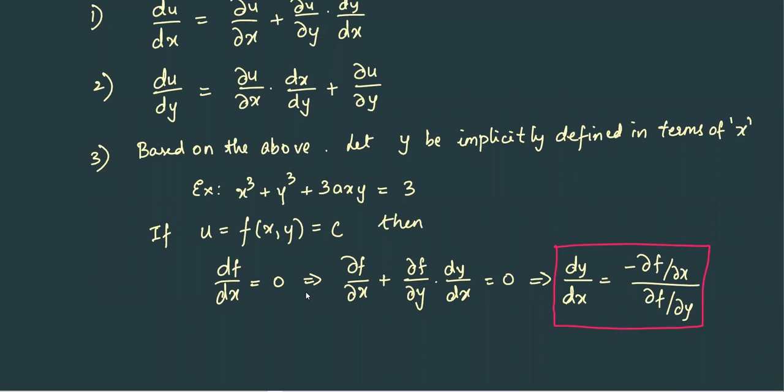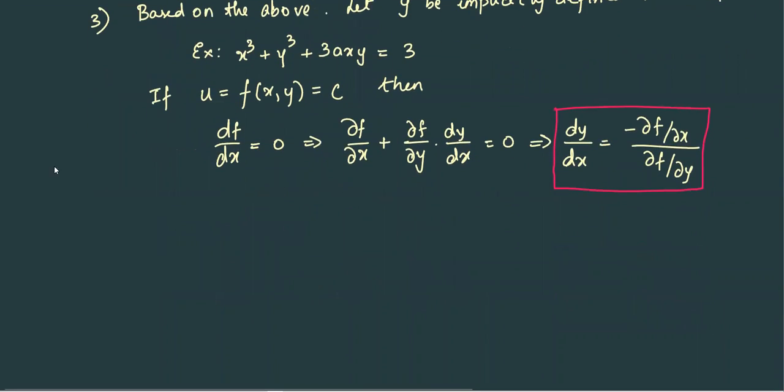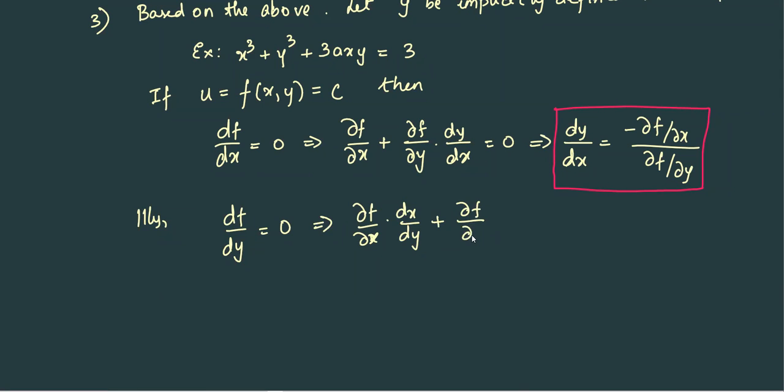Now similarly, we can do df by dy, differentiating this whole expression. So right hand side will be 0. So you get dou f by dou x into dx by dy plus dou f by dou y into dy by dy, which is 1, is equal to 0.